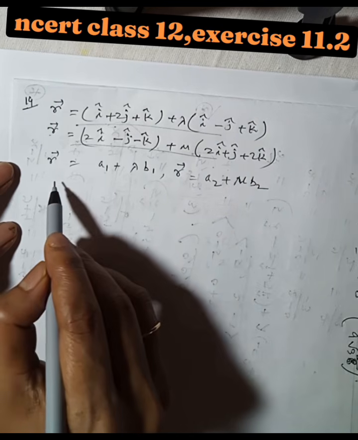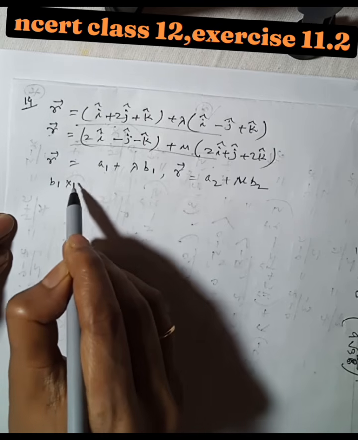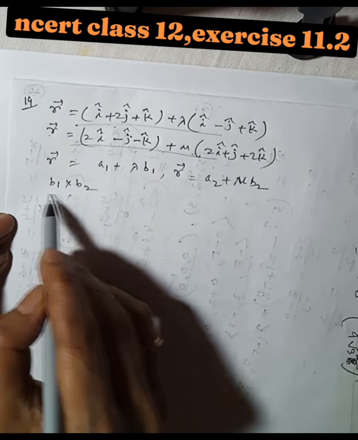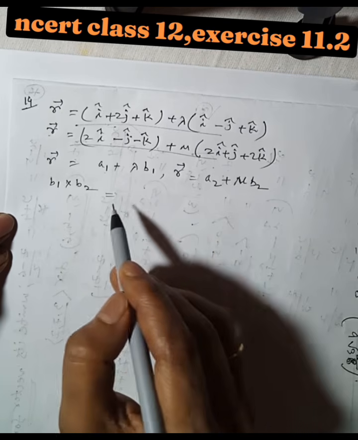So first we find the cross product of b1 and b2.